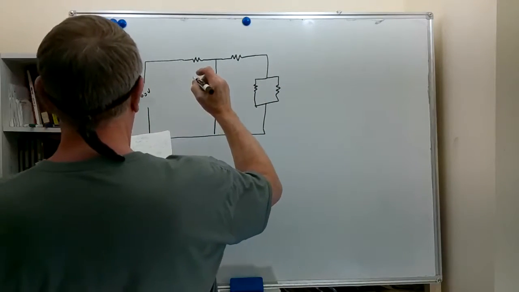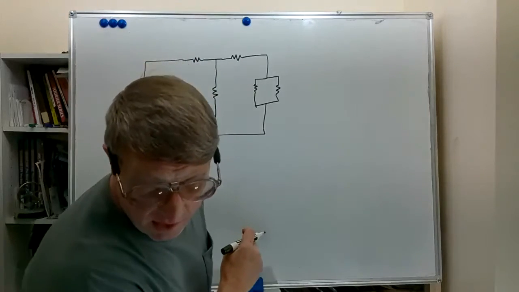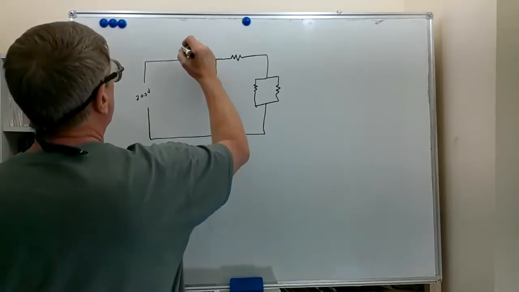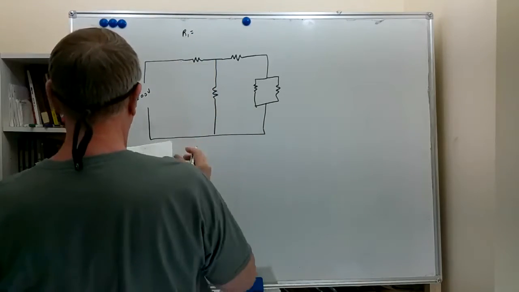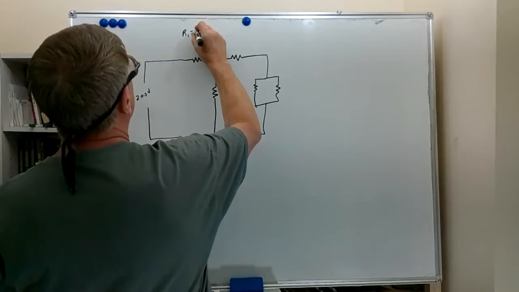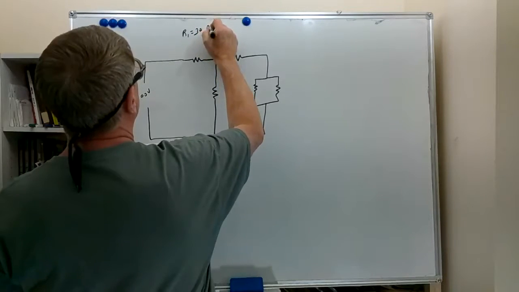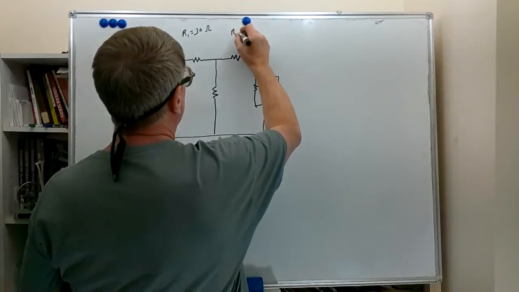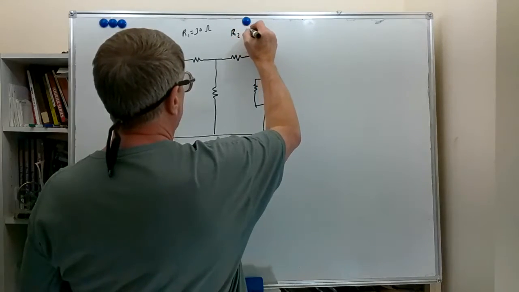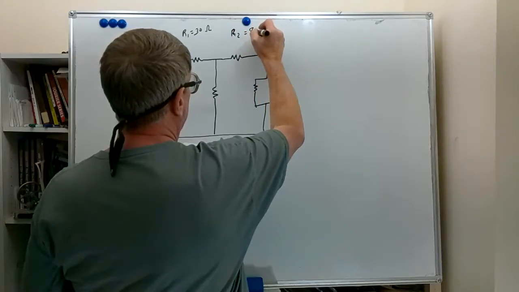We're going to call this one R1, and that's going to be a 30 ohm resistor. R2, 8 ohm resistor.